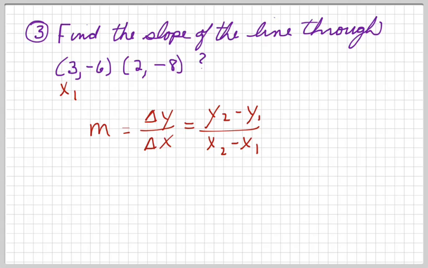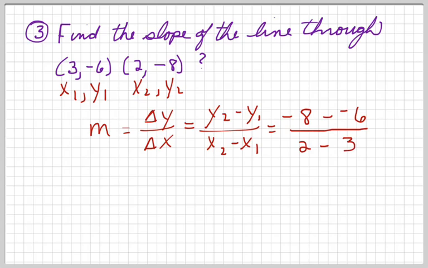I usually call this x1 and y1 because that comes from the first point, and this x2 and y2 because that's the second point that I was given. And I go negative 8, y2, minus negative 6, which is y1, and I go x2, which is 2, minus 3. And that gives me my change in y and my change in x.